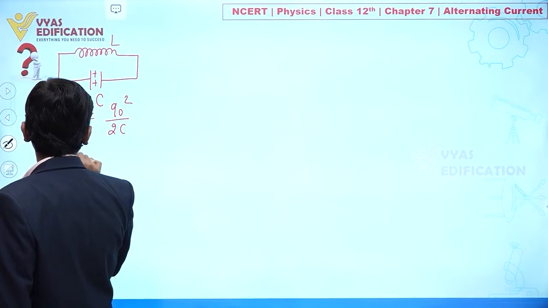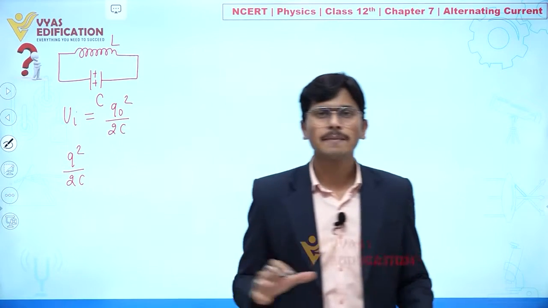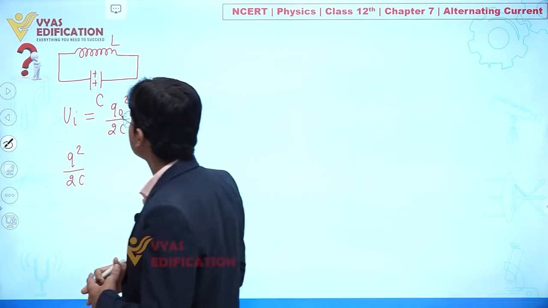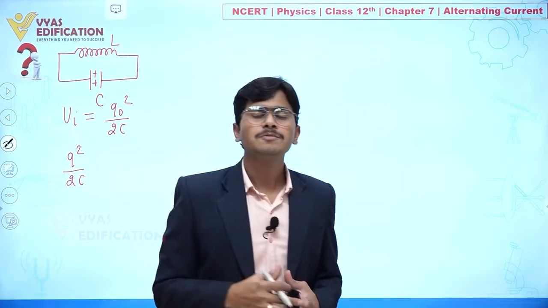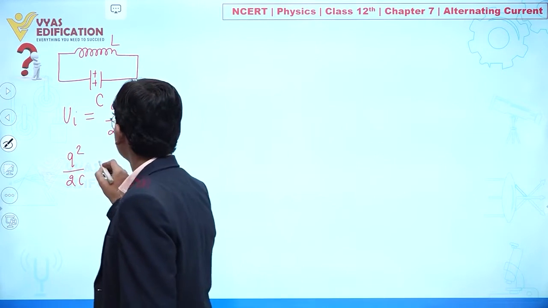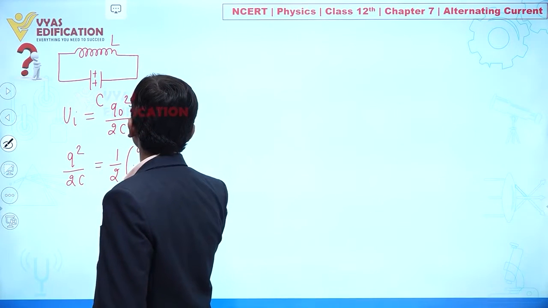But it is given in the question that this energy is now equally distributed in the capacitor as well as in the inductor. Let's suppose at any instant the charge present on the capacitor is Q, so the energy is Q square by 2C. This is 1 by 2 of the total energy present.